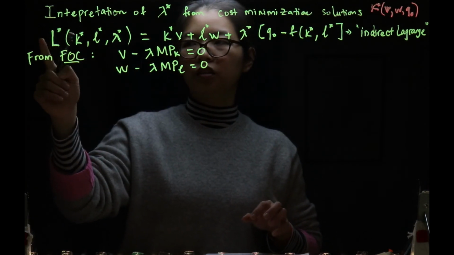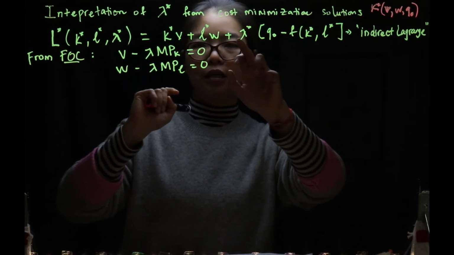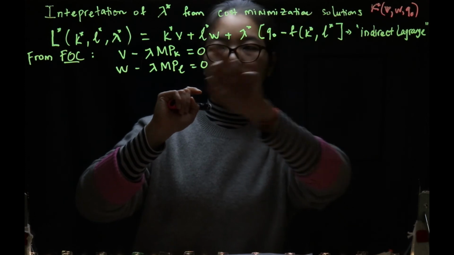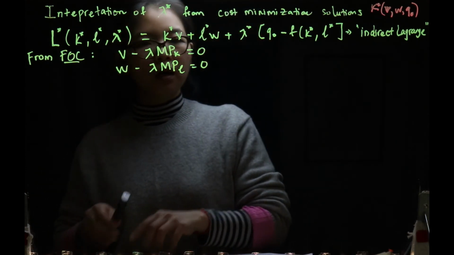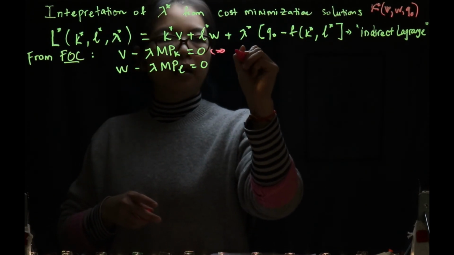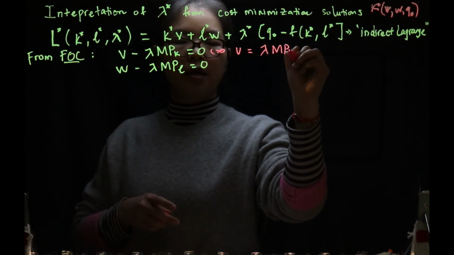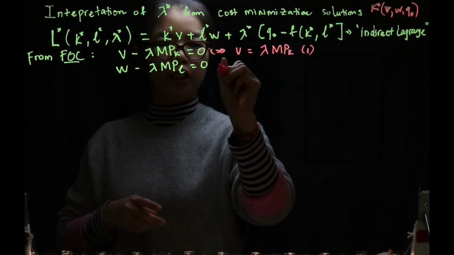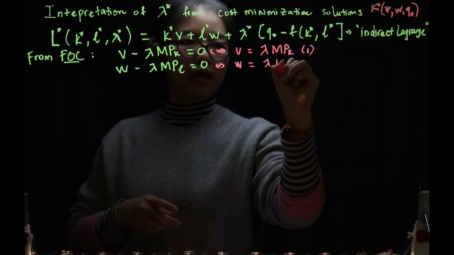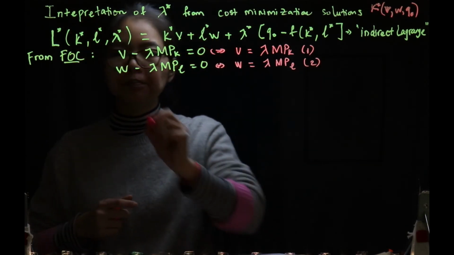Simply take the derivative of the Lagrange with respect to K. In the second term you have lambda times the derivative of F with respect to K, that is the MPK. I could also write it as V equals lambda times MPK, and I call it the first equation. The second, similarly, W equals lambda times MPL. We need it later.